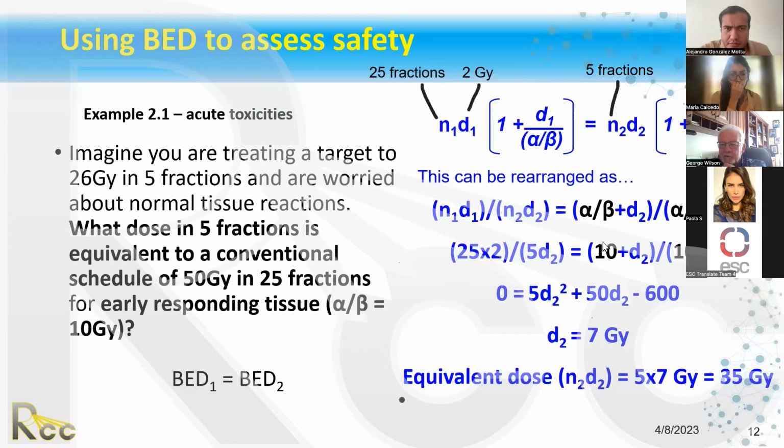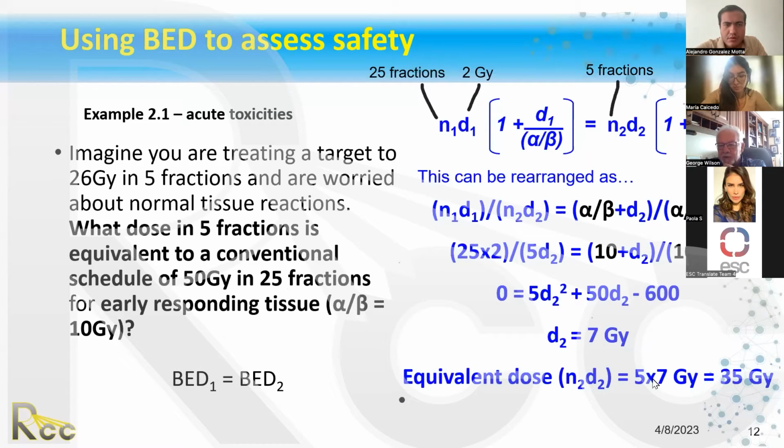So we put alpha beta ratio 10 in here. And then this equation can be solved, and it will give us this value, 5d2 squared plus 50d2 minus 600. And then just solving that gives you the actual dose of this schedule. 7 gray would give you the same effect in 5 fractions as 25 fractions of 2 gray.